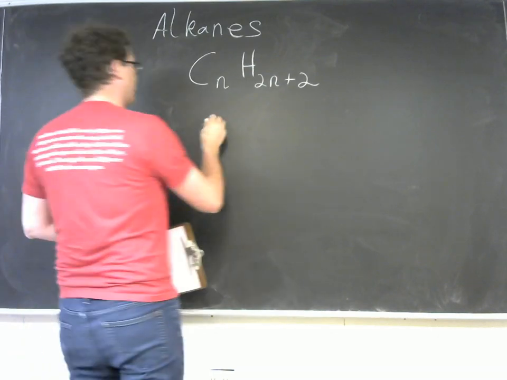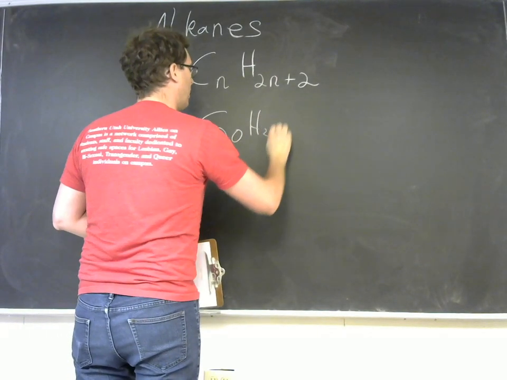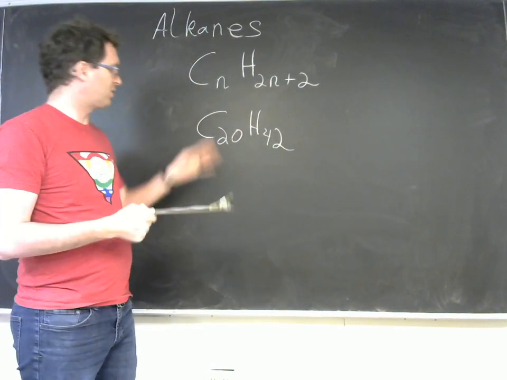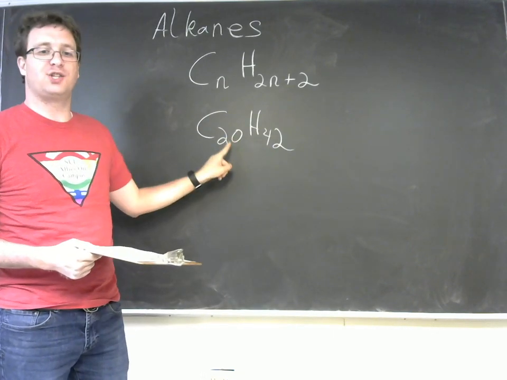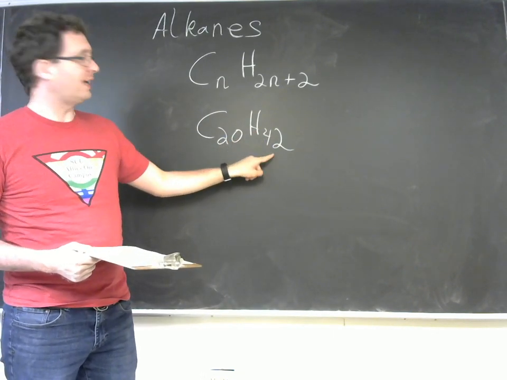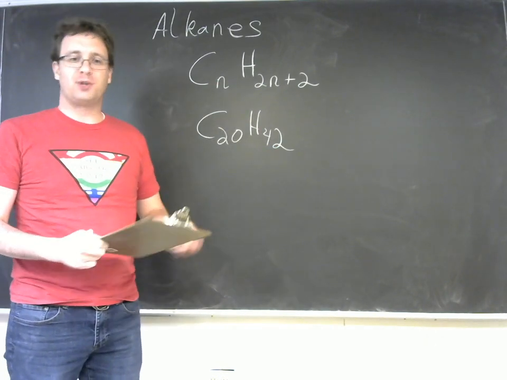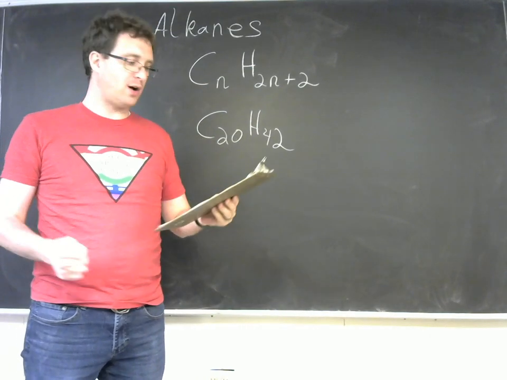If I give you a formula like C20H42, of course, we can arrange those all sorts of different ways, but just at a glance, you can see that ratio. C20H42 fits the formula for an alkane, so you know that it is an alkane. You know that there are all single bonds.